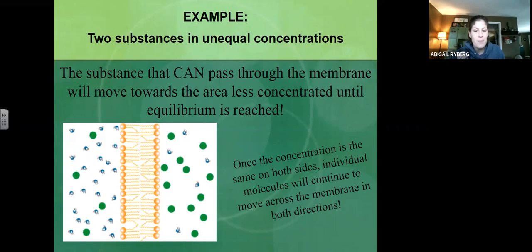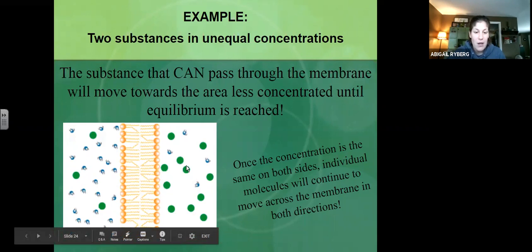And on the right side of the membrane, there's way more green circles. So because of that, I know that there's a higher concentration of green circles on the right side of the membrane. So the green circles are going to try their darndest to go from the right side of the membrane and move to the left. So they're going to go from the higher concentration of green circles and move to the lower.